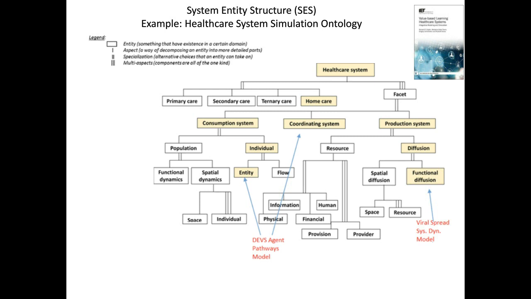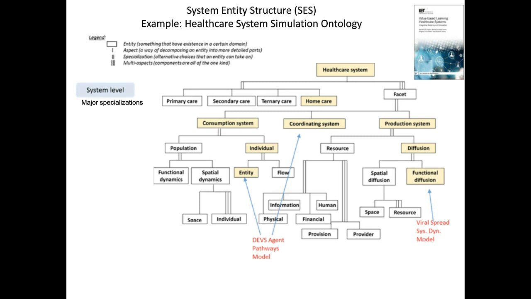And there's a multi-aspect concept, which allows you to have multiple instances of the same kind of component. And that's all kind of interlinked in this structure. And it works at different levels.